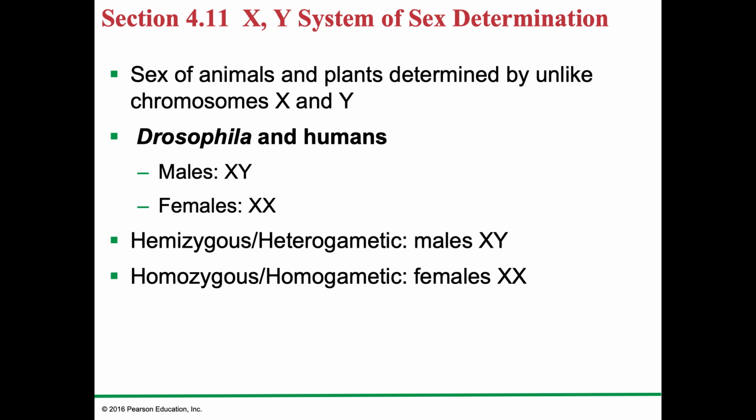And the reason for that is that for every gene on the X chromosome, males are neither homozygous nor heterozygous. They don't have a match. So in males, let's talk about human males. In human males, for the most part, human males have one X chromosome.